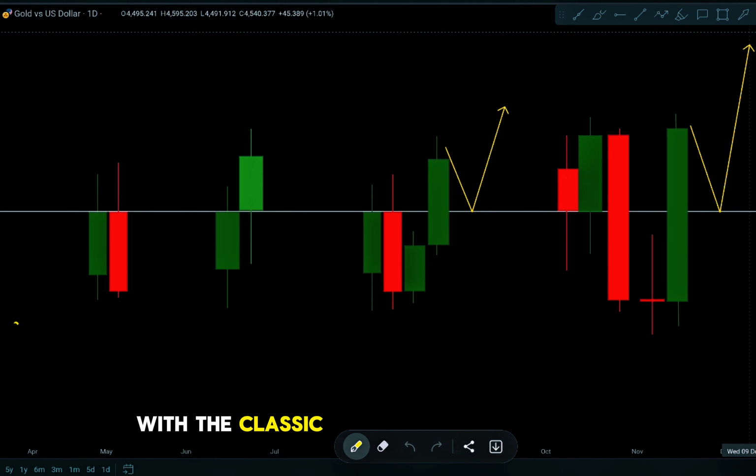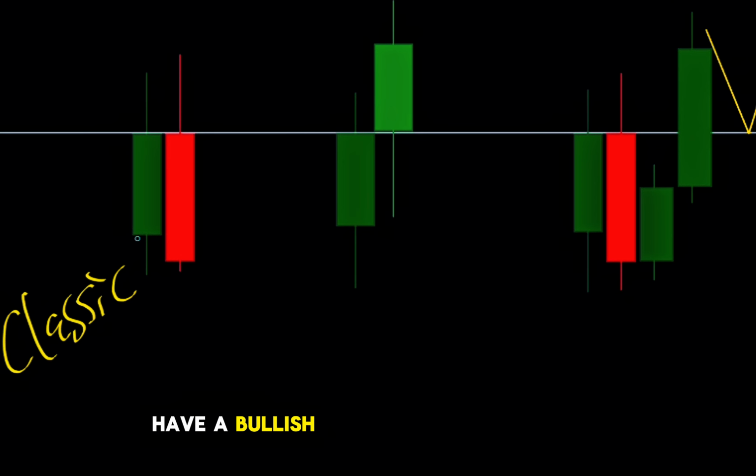So with the classic level, we have this as the classic level here. Let me write it again. This is the classic, and you have a bullish candle. This candle opens here and then closes here. The closing is the most important thing here. From this, we have a sell candle that comes down.